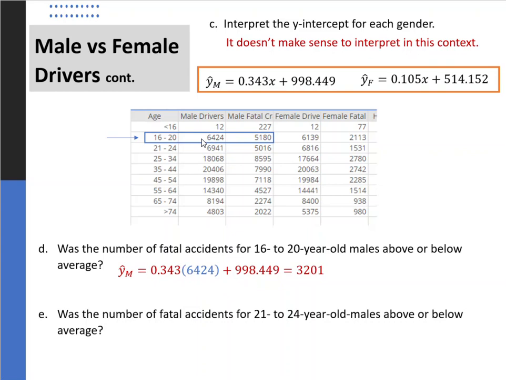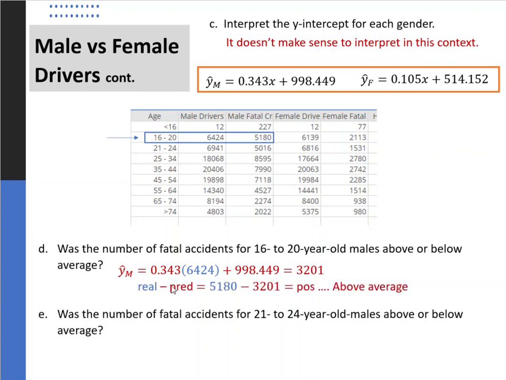So this is X, right? X represents our male drivers. The 16 to 20-year-olds had 6,424 drivers. When we multiply that out and add our y-intercept, we end up with 3,200 predicted fatalities. Now, how does that compare to what really happened?